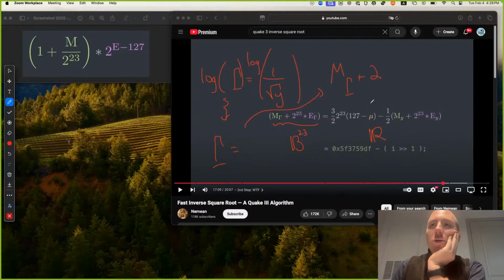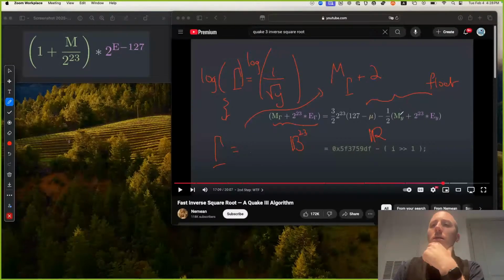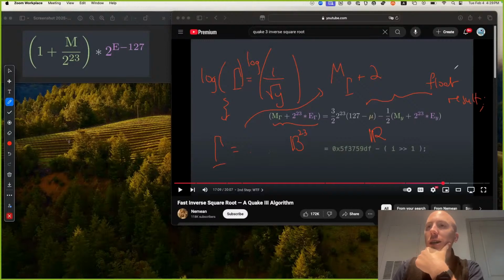Okay, I guess you do compute this actual number here, and this expression is a float, this is a number, and so then you take that float and you just save it into another float, or you just keep the float.